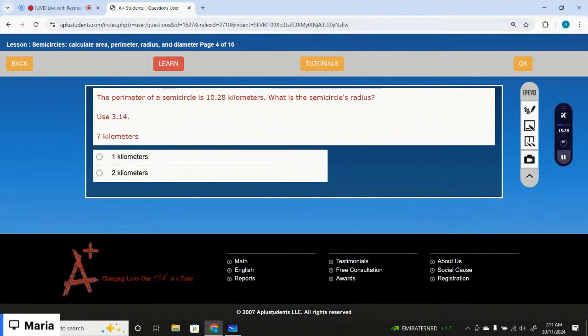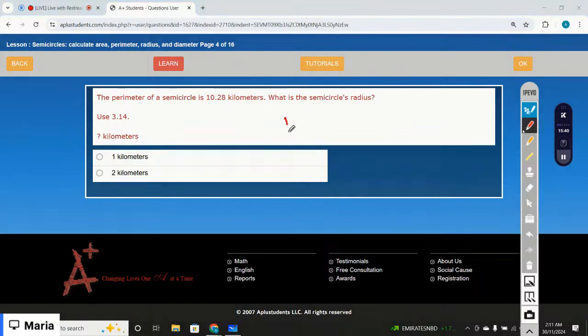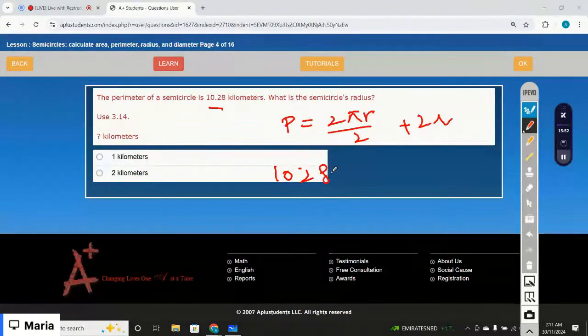The perimeter of the semicircle is 10.28 kilometers. What is the semicircle's radius? Now you are given the perimeter, right? The formula to calculate the perimeter is 2 pi r divided by 2 plus 2r. You have the perimeter given, 10.28, and you need to calculate the radius. The 2 and 2 cancel out. You can take r common, that is 2 plus pi.